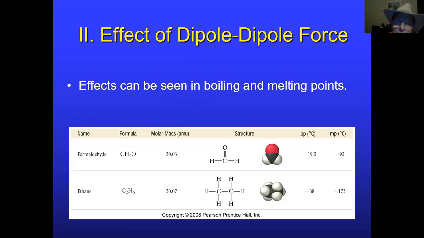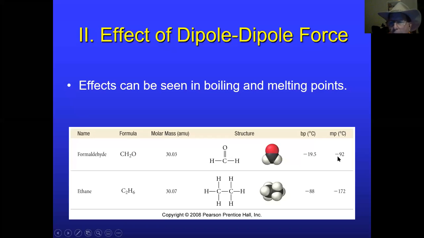It only has dispersion. So if we look at these, and do not be freaked out by the negative signs, negative 19.5 is a higher boiling point than negative 88. Literally speaking, about 2 years ago, I looked at this slide and said, what in the hell's going on? 19 is smaller than 88. No, it's negative 19 and negative 88. So it takes more energy to boil formaldehyde than it does to boil ethane.